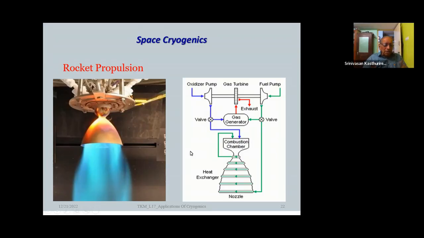So how does it happen? First, you have huge tanks for the cryogenic fluids, both the oxidizer tank as well as the fuel tank. Hydrogen, as you know, has very low density, so you have the hydrogen tank above, and below that you have the oxygen tank. These are the two types of tanks which are present.